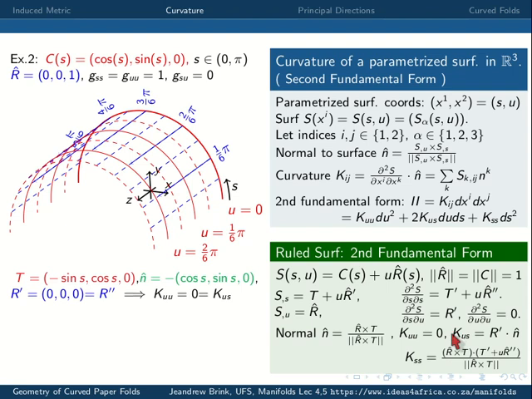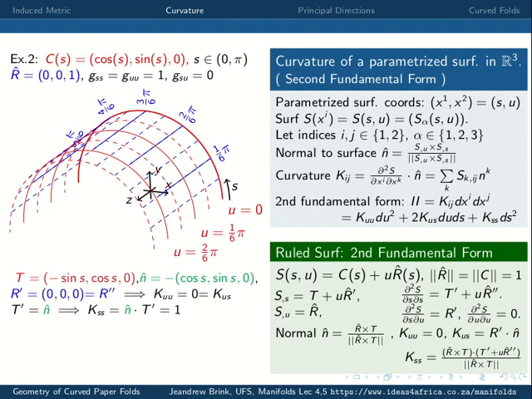KUS is also 0. But now KSS requires T prime. And T prime, if you work it out, is simply also just N hat. So KSS is just the normal vector N hat dotted with T prime, and so it is 1.